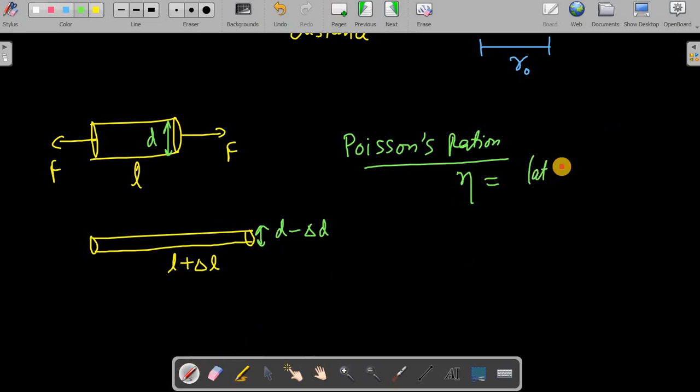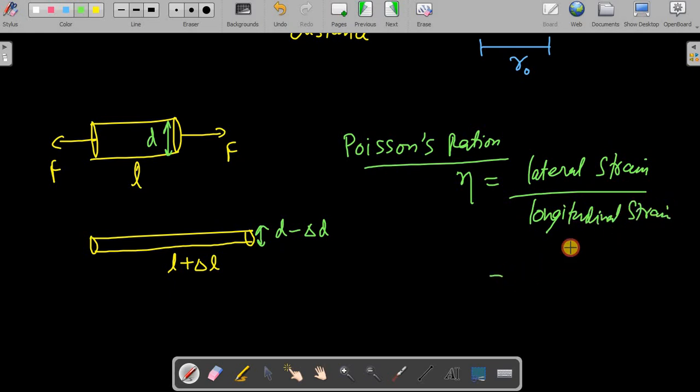It is the ratio of lateral strain by longitudinal strain. Lateral strain is minus delta D by D, and longitudinal strain is delta L by L. So this is what Poisson's ratio is.